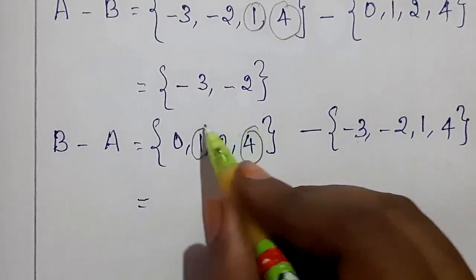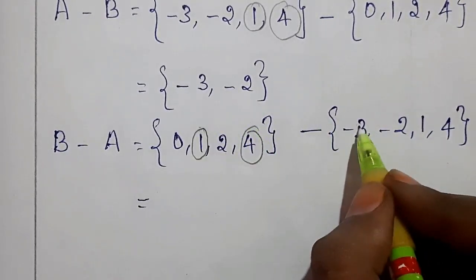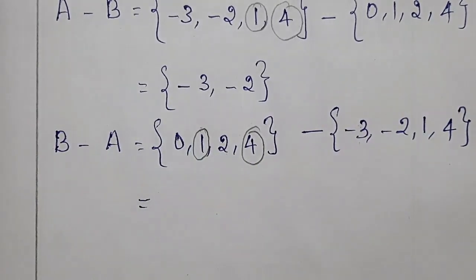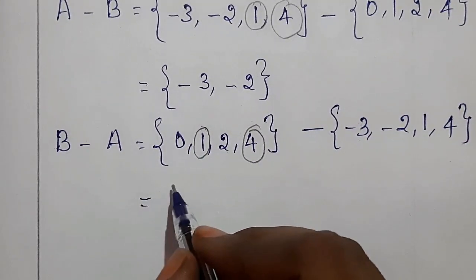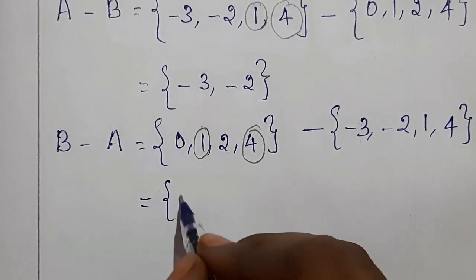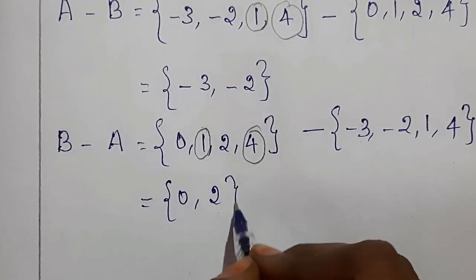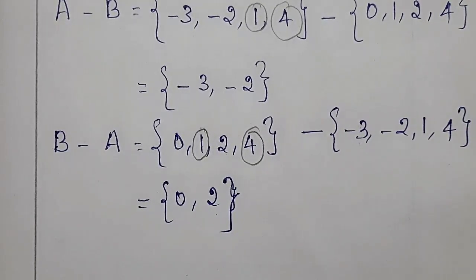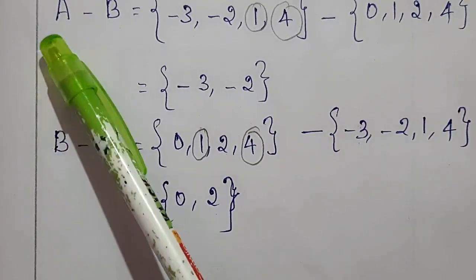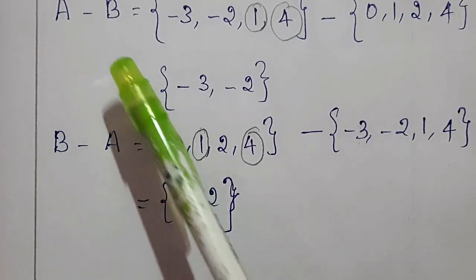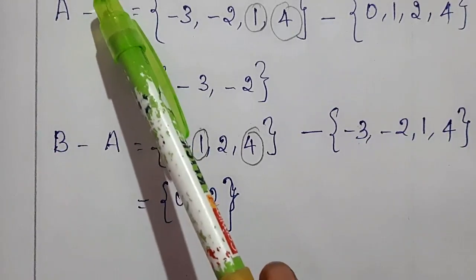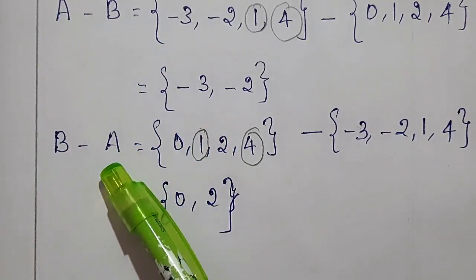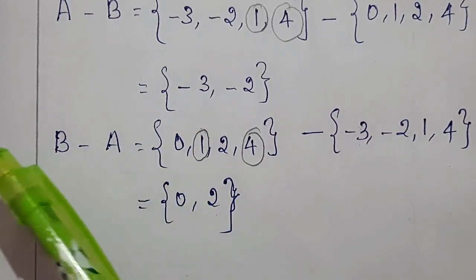So you can remove these two elements because they are A elements. We need B minus A. So the remaining are 0 and 2. Are you clear? So this is the way we write A minus B and B minus A. A minus B means we remove the B elements from set A. B minus A means we remove the A elements from set B.